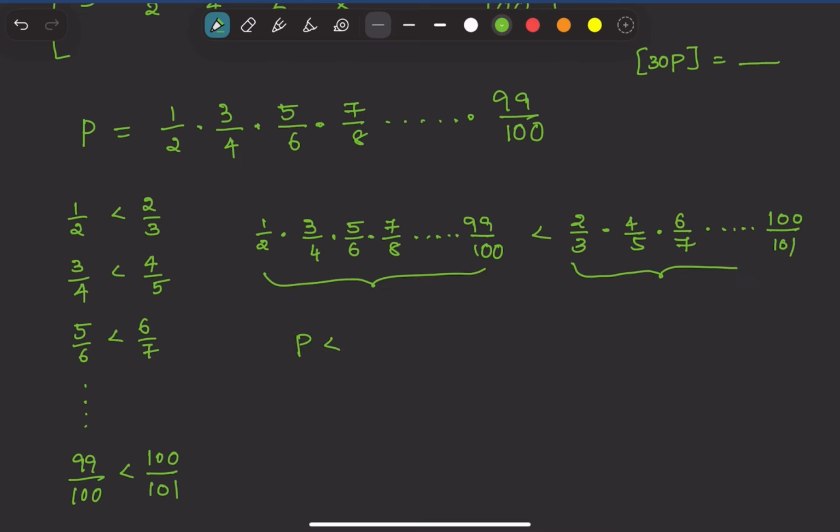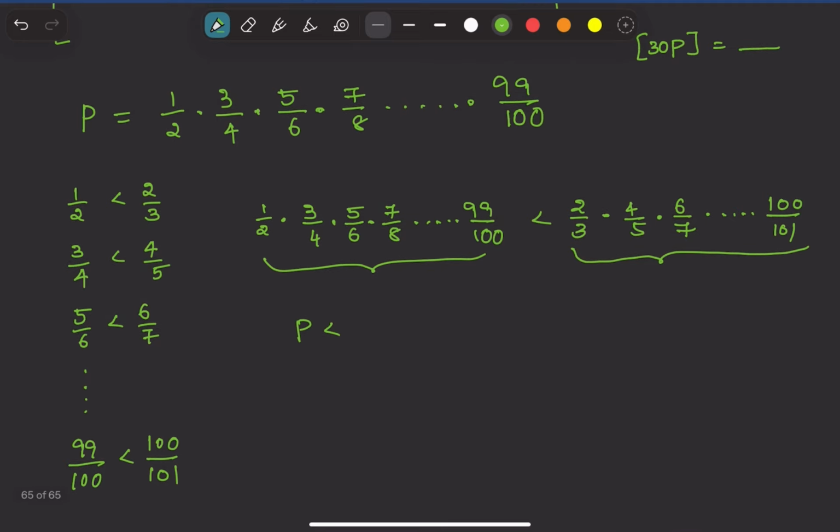Let us rearrange this part a bit. Since we have the fractions 3 upon 4, 5 upon 6, 7 upon 8 in the question, let us take 2 aside from this fraction and write the 2 as a fraction.